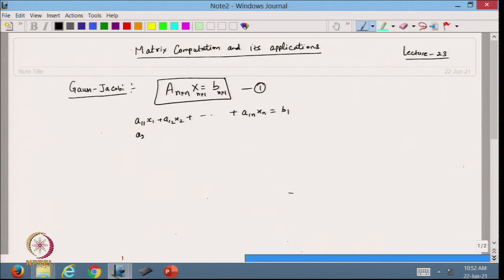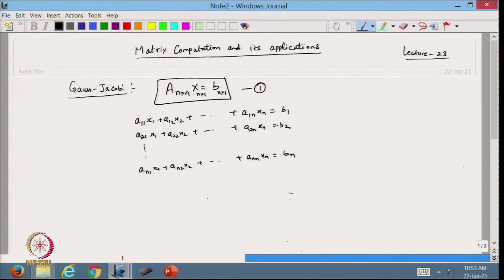Similarly, a21 x1 plus a22 x2 plus up to a2n xn is equal to b2, and an1 x1 plus an2 x2 plus up to ann xn is equal to bn. This is my corresponding system of equations.